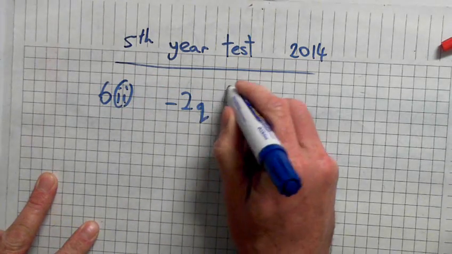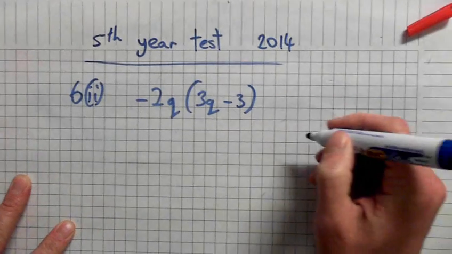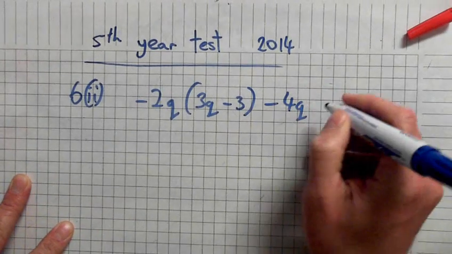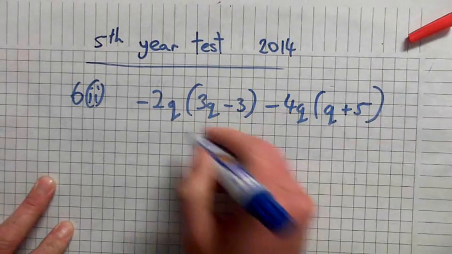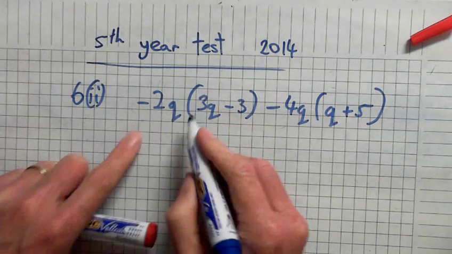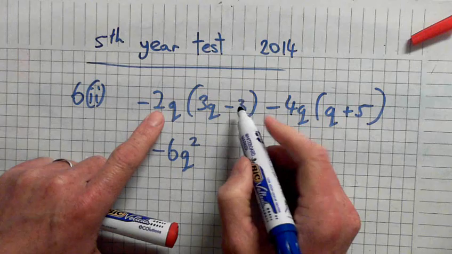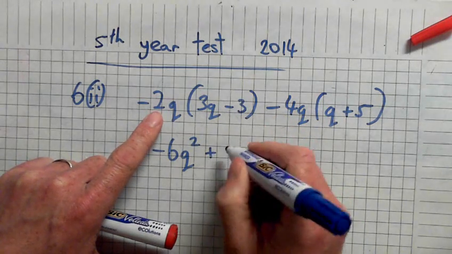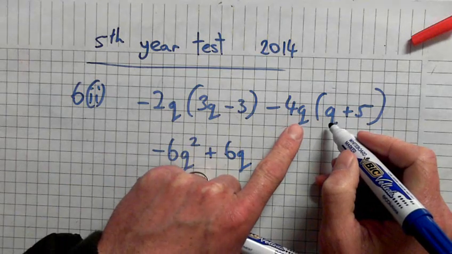Minus 2q times 3q minus 3, minus 4q times q plus 5. Alright, so we'll multiply these two first. Minus 6q squared. Multiply these two. Minus times a minus is a plus, 6q. And multiply these two.